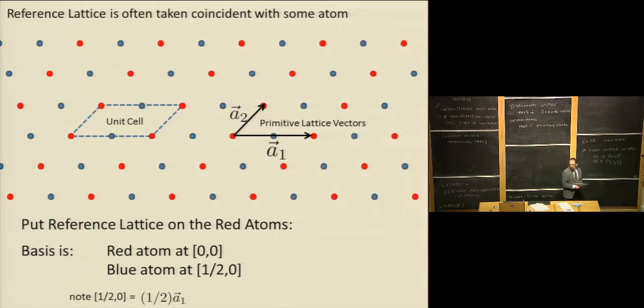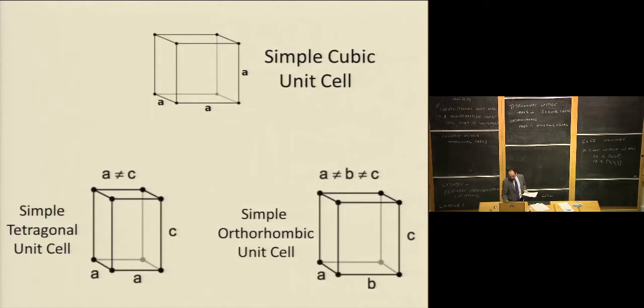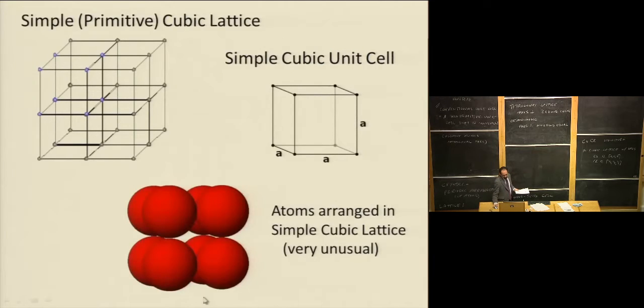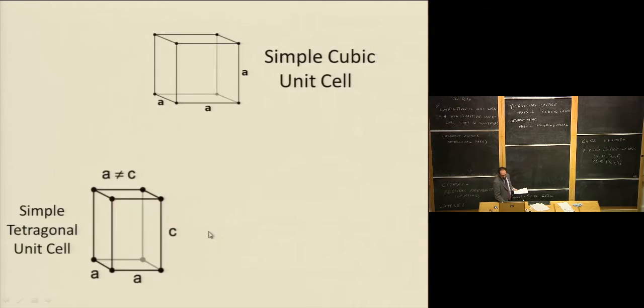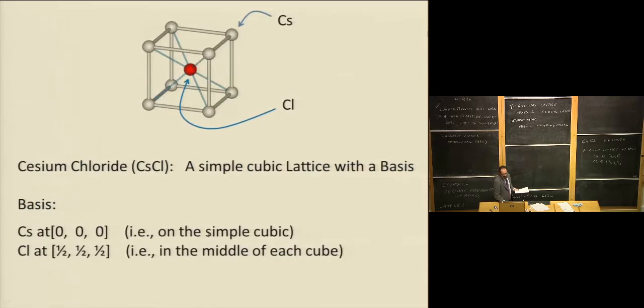That's in the middle of the hole that we had in this picture. So the chlorine is going to fill that hole. What we get is cesiums on the corners of the unit cell and the chlorine sitting in the center of the unit cell.